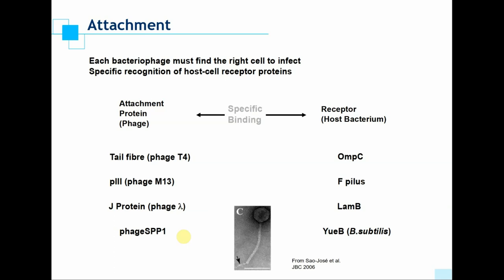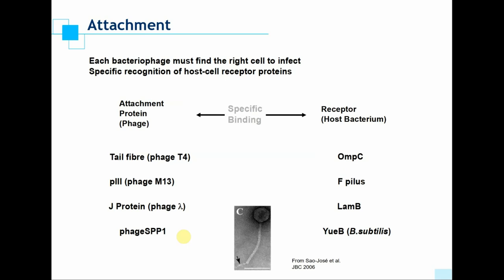Lambda phage, the receptor is LamB. This is a permease for maltose. So that's another outer membrane protein which is accessible. And a lot of bacteriophage infecting gram-negative bacteria also bind to LPS O repeats on the outer membrane. So LPS is often a receptor.